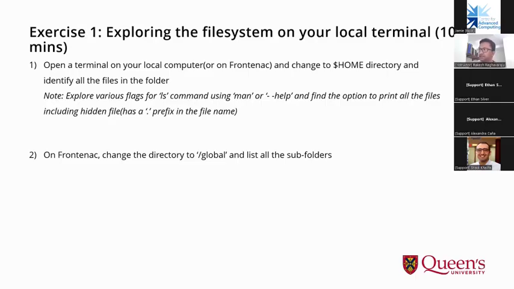If you can list all the files and find all the files that are available, we can go from there. And the second exercise is, on frontnet, change the directory to /global and list all the subfolders in that particular folder.